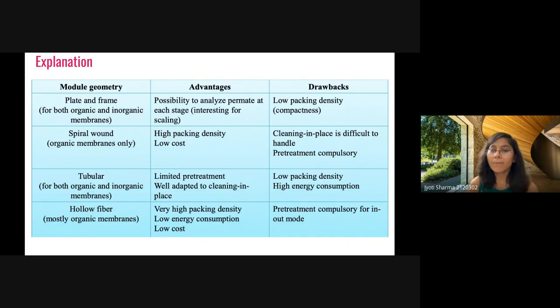But again, the drawback is it has low packing density and it takes a lot of energy for the process. For the hollow fiber, it has very high packing density, low energy consumption, and low cost. But pre-treatment is compulsory for in-out mode. So these are the advantages and disadvantages of your different module geometry.